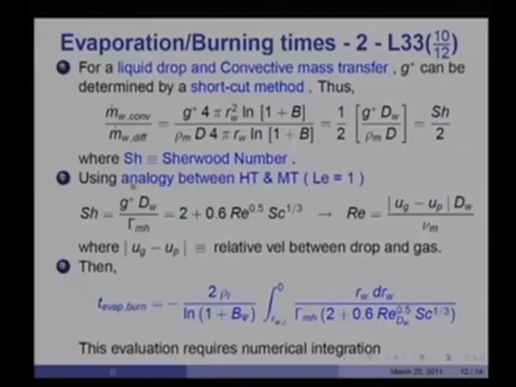Now, if I use the analogy between heat and mass transfer for Lewis number 1, then you know that for flow over a sphere, the Nusselt number is 2 plus 0.6 Reynolds raised to 0.5 Prandtl raised to 1/3, but I can now say the Sherwood number would be 2 plus 0.6 Re raised to 0.5 Schmidt number raised to 1/3, where Re is based on the relative velocity between the gas and the droplet, the diameter of the droplet, and the kinematic viscosity.